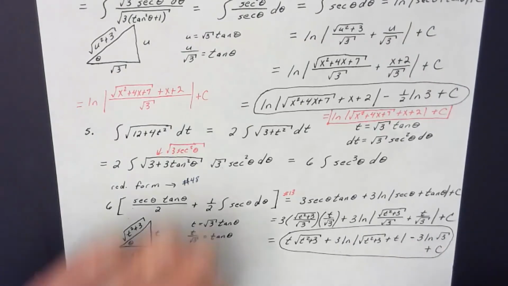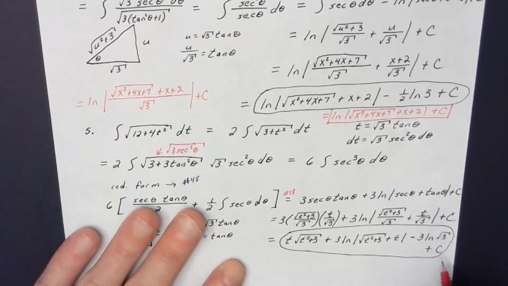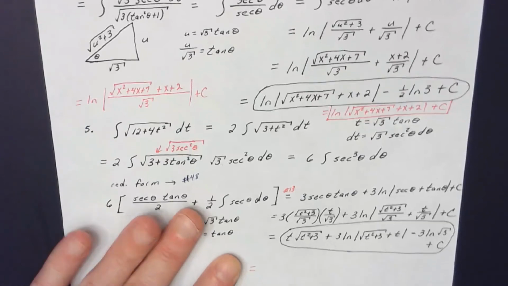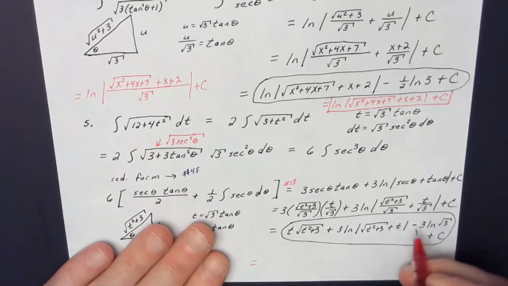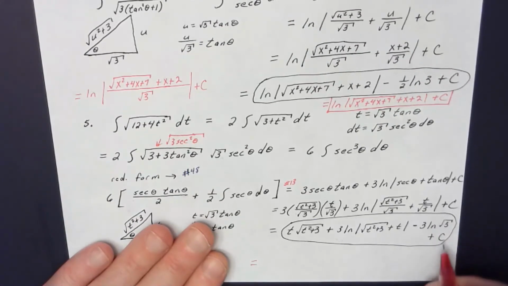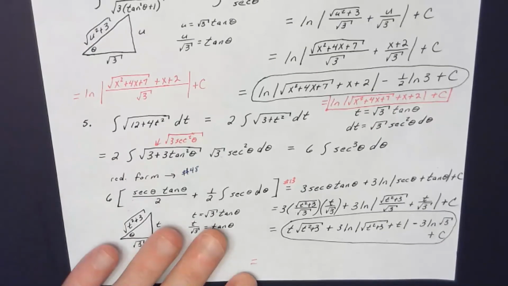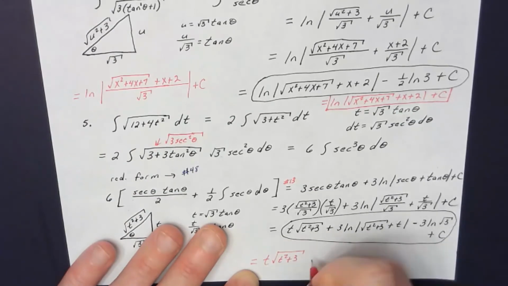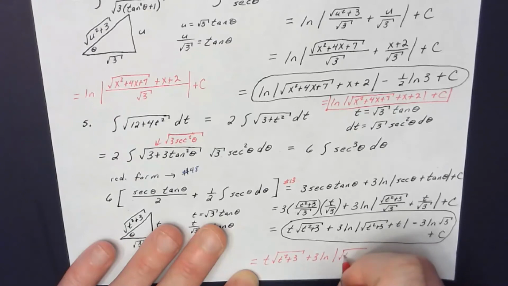But now, and there's nothing wrong with this answer, it's fine, but in order to get to an answer on the table, what you'll want to do is make sure any constant that's possible gets absorbed into C. So the answer that we will do here is t times the square root of t squared plus 3, plus 3 natural log of the absolute value of the square root of t squared plus 3 plus t.